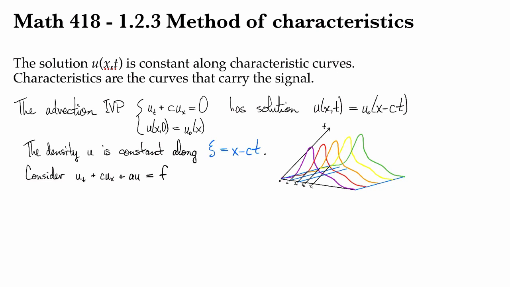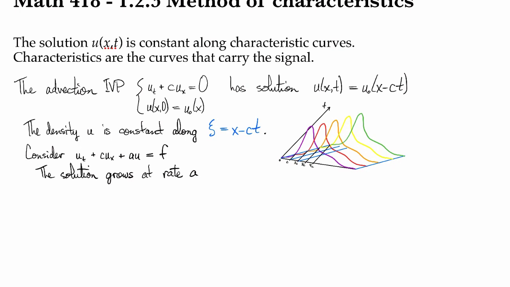Then the solution for this one will grow at a rate a, so it's going to be shrinking if a is negative, and it's going to be moving or propagating rightward with speed c.